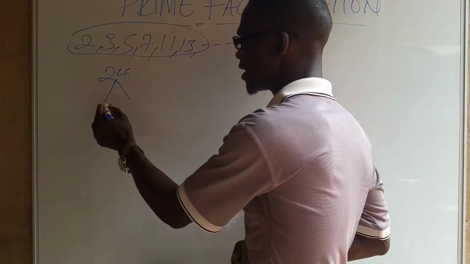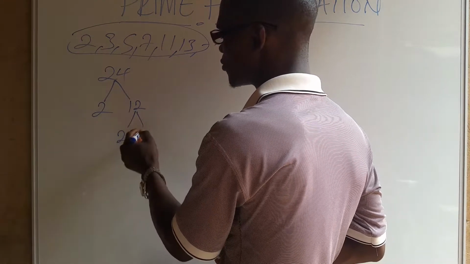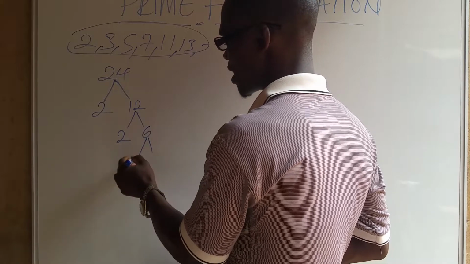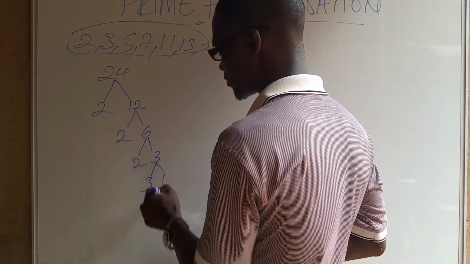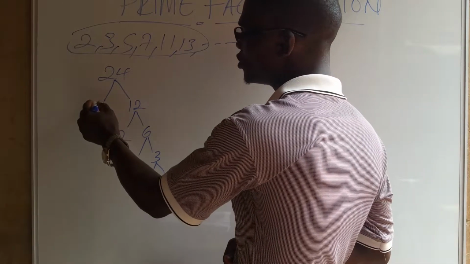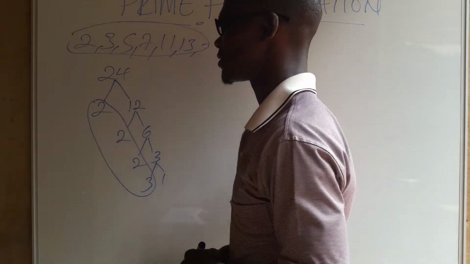So 24 divided by 2 gives us 12. Divided by 2 gives us 6. Divided by 2 gives us 3. And divided by 3 gives us 1. So we have used prime factors.